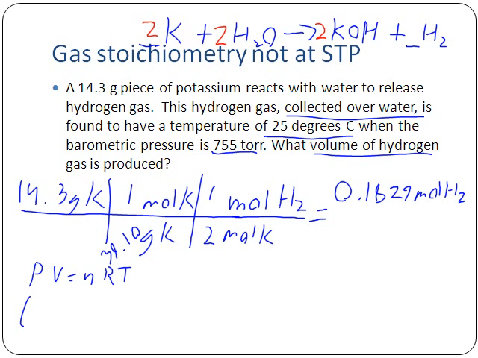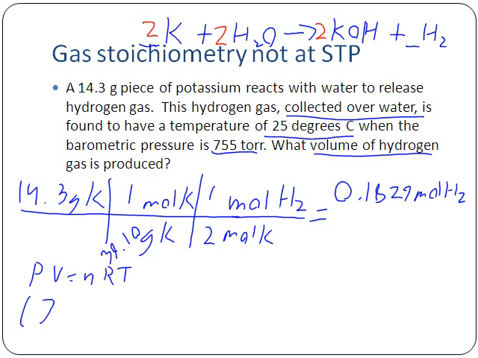If you look at your water vapor pressure chart, we see that at 25 degrees Celsius it has a vapor pressure of 23.7 torr, or millimeters of mercury. So we take our 755 minus 23.7, and that gives us 731.3 torr is the pressure that we will use here.